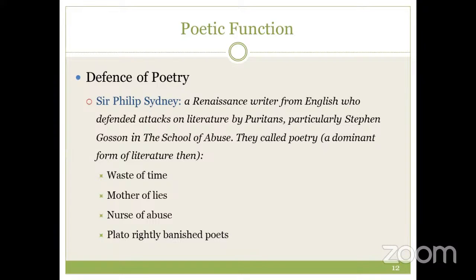And that is what makes the society fall apart, break, get spoiled. So these are the 4 different charges of Stephen Gosson against poetry in his work, The School of Abuse.